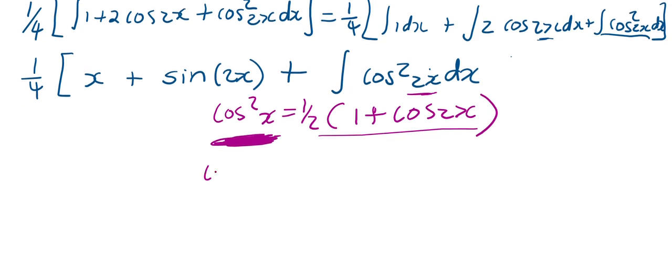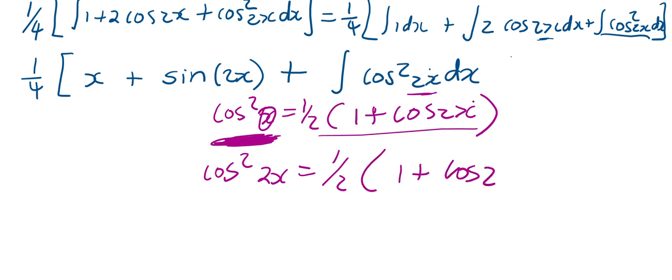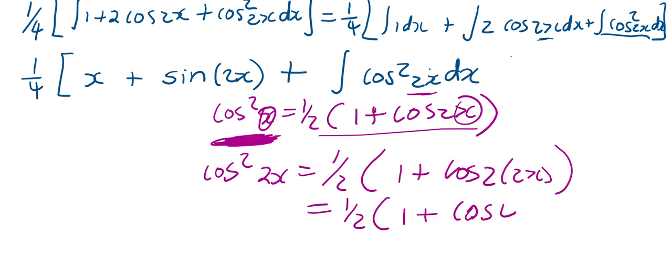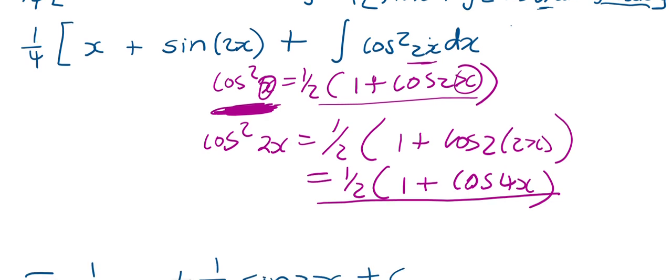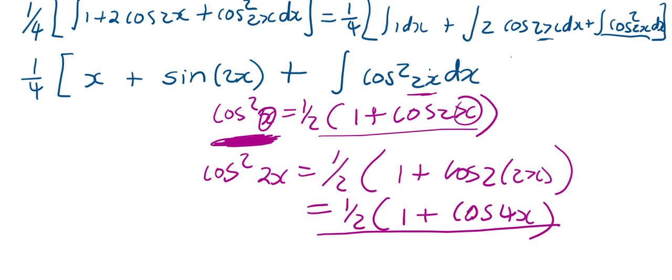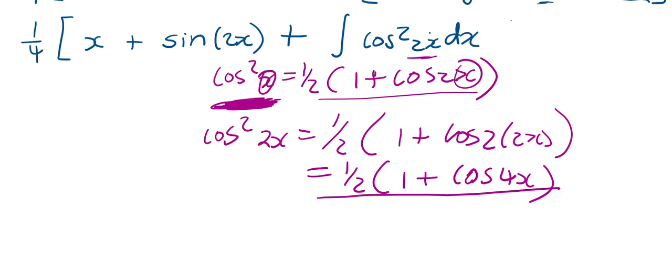So let's do that. So this becomes cos squared, where I see x, I'll put 2x, is equals to 1 over 2, 1 plus cos of 2, where I see x, I put 2x. So then this becomes 1 over 2, 1 plus cos of 4x. Do you see that? So meaning that for cos squared 2x, we're going to substitute 1 over 2, open brackets, 1 plus cos 4x, right? So let's go and substitute.